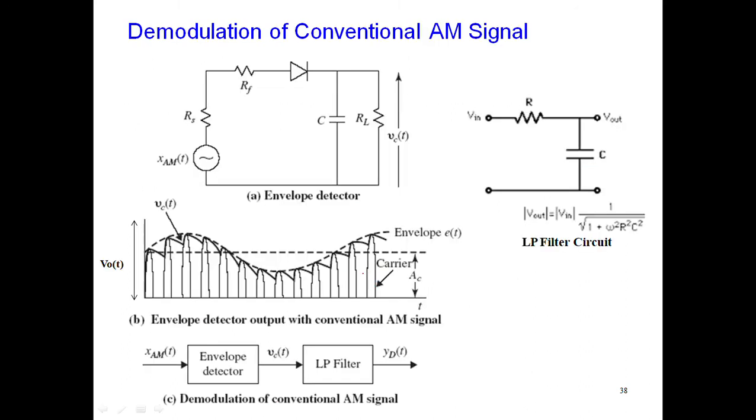For the demodulation of conventional AM, we can use an envelope detector and a filter.